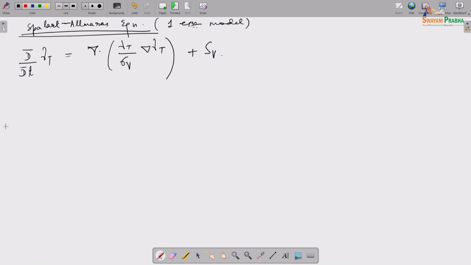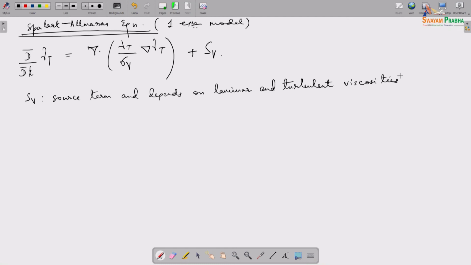And here this S_v is a source term, right? And it depends on laminar and turbulent viscosities. Okay.